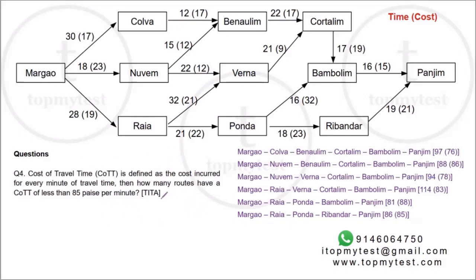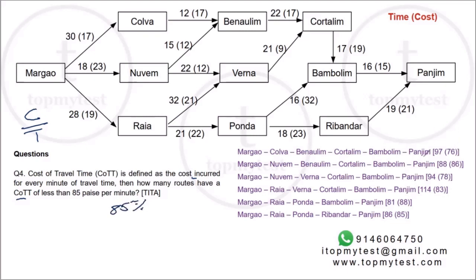And the last one, if the cost of travel time is defined as the cost incurred for every minute of travel time. So cost per travel time. So cost divided by travel time. So second value divided by the first value. How many routes have a COTT of less than 85 paise or 85%?